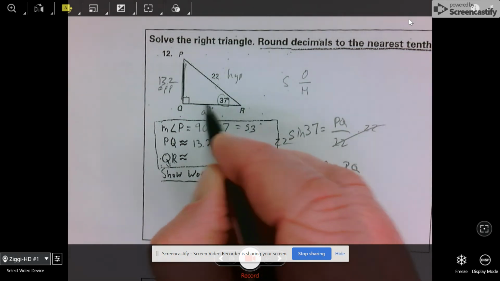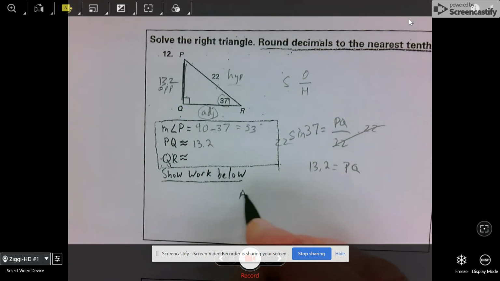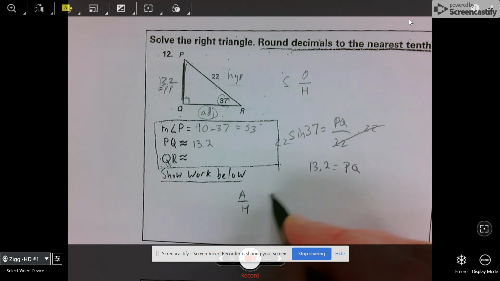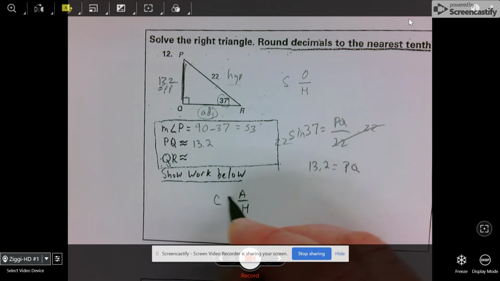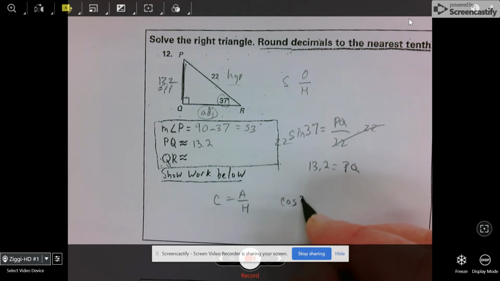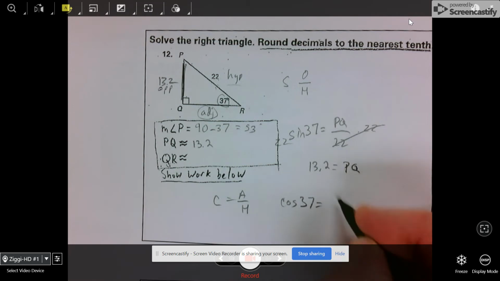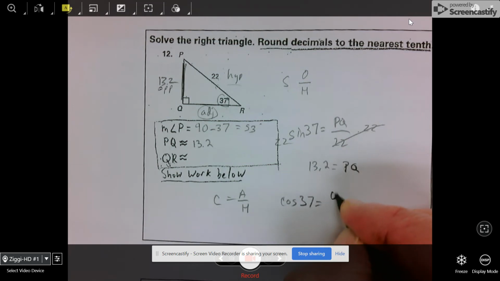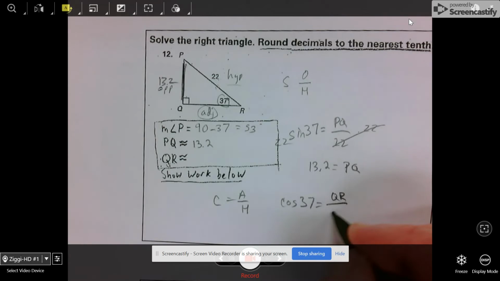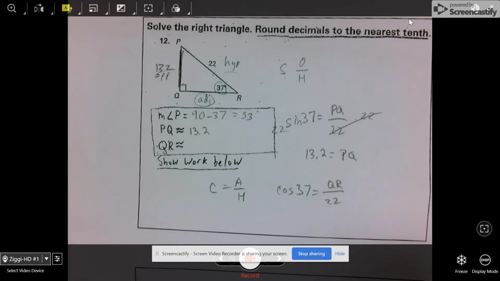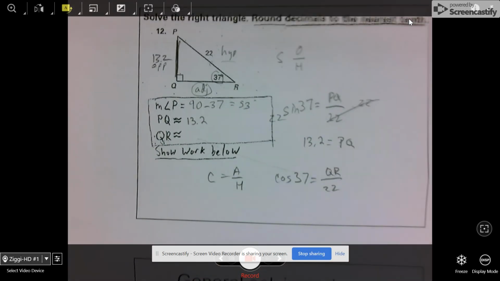So adjacent over hypotenuse is cosine. So the cosine of 37 equals QR over 22, and you solve it the same way. And then a double check would be to use Pythagorean theorem.